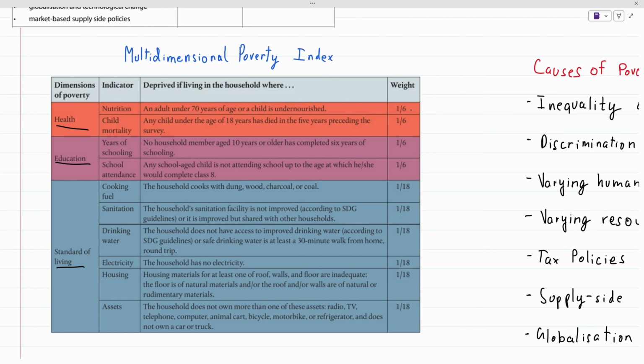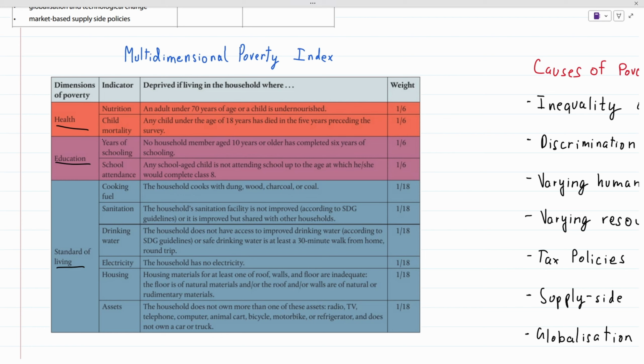This is decided based on the impact that this factor might have on somebody's poverty experience. For example, the economists believe that cooking fuel may have a smaller impact on somebody's final poverty than nutrition, so nutrition is more important and hence is given more weight. You don't really need to know this, it's just good to know, and it might help you during a few questions.